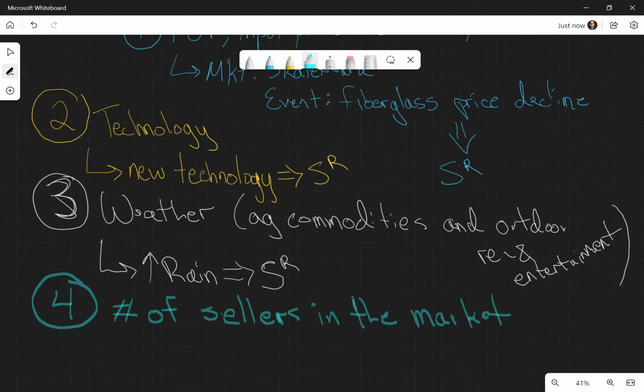So as the number of sellers increases, that's going to cause the supply to shift to the right.